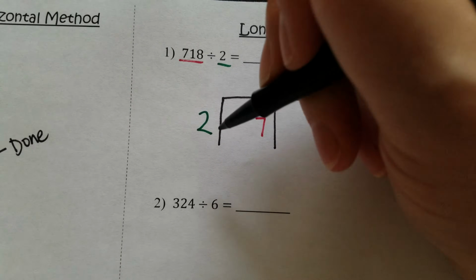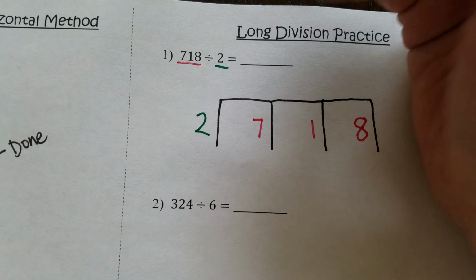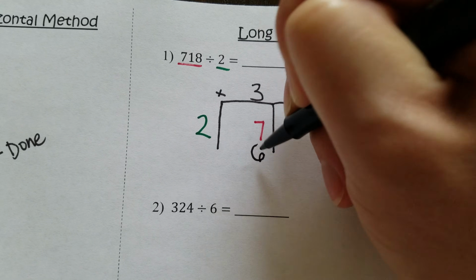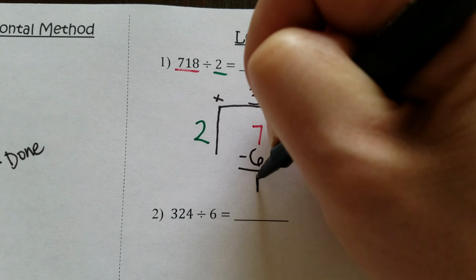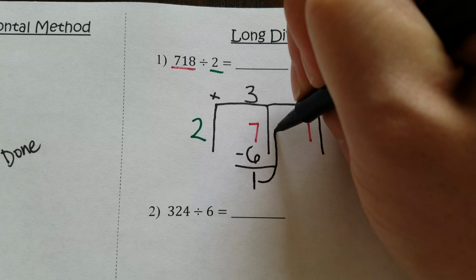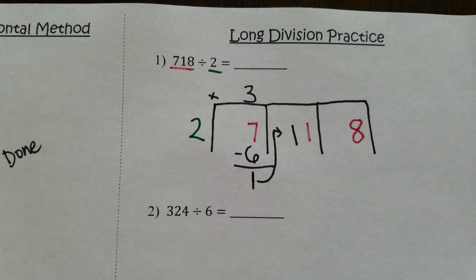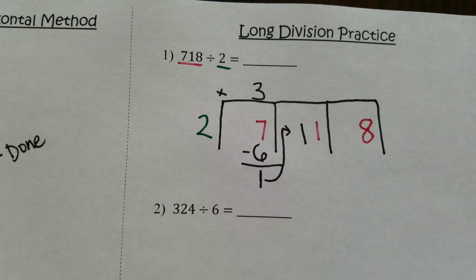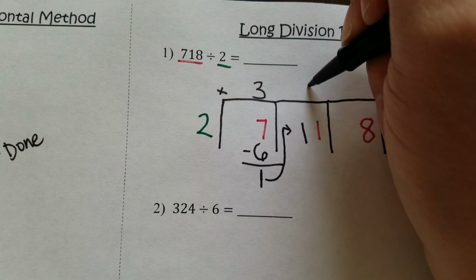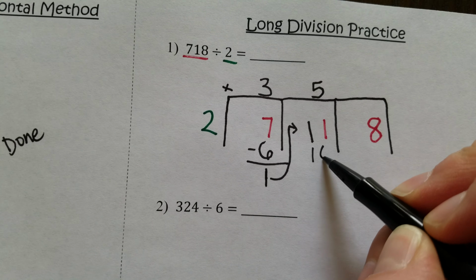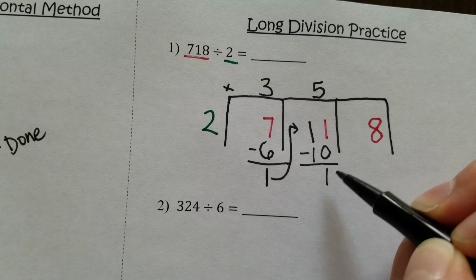What did you do next? Well, you should have figured out a number that multiplies by 2 that gets you close to 7. So 3 times 2 is 6. That's the closest you can get. You'll have 1 left over, and the 1 will come up here. So now 2 times what is 11? Well, the closest we can get is 5. 2 times 5 is 10, with 1 left over.